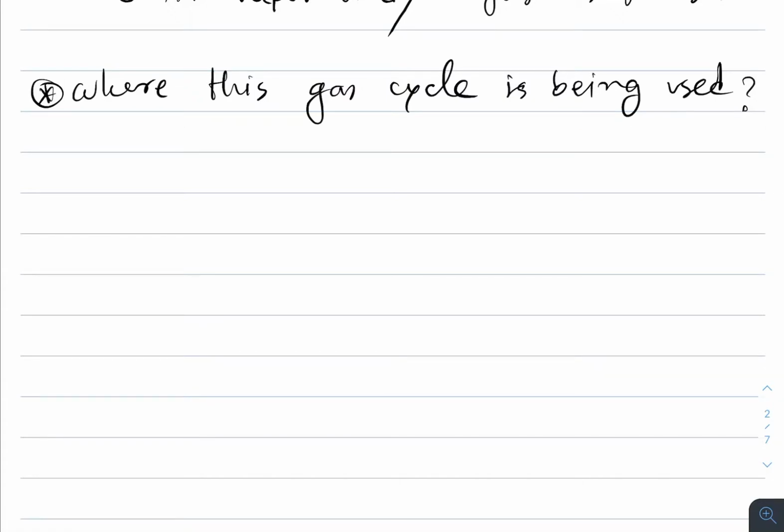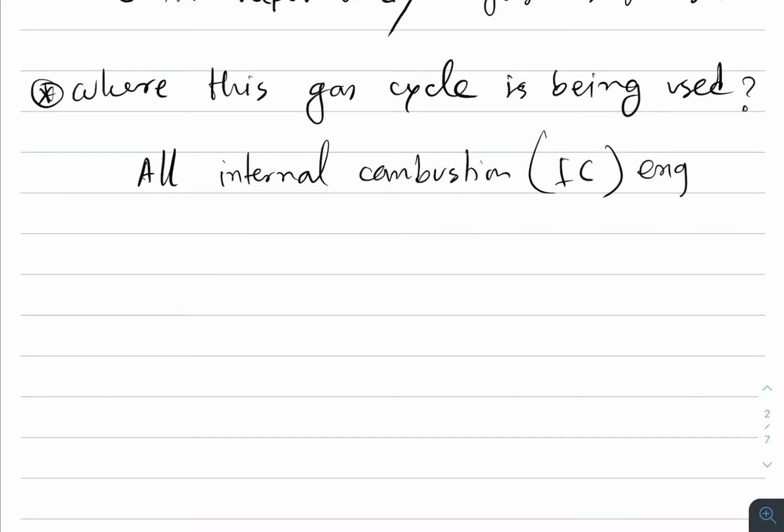So all internal combustion engines, or IC engines, are using the gas cycle or follow the gas cycle, right?